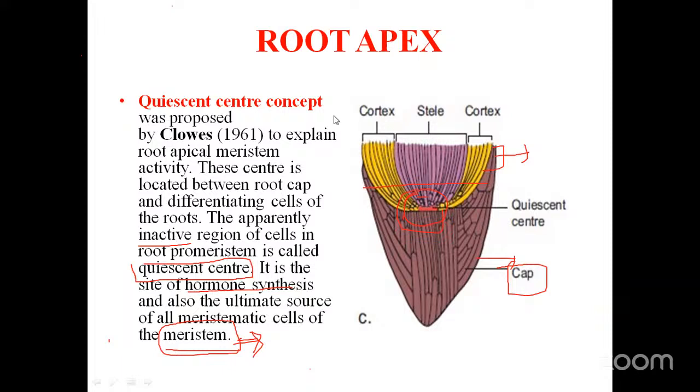Now the tissues. Permanent tissue. What is permanent tissue? I already told you.